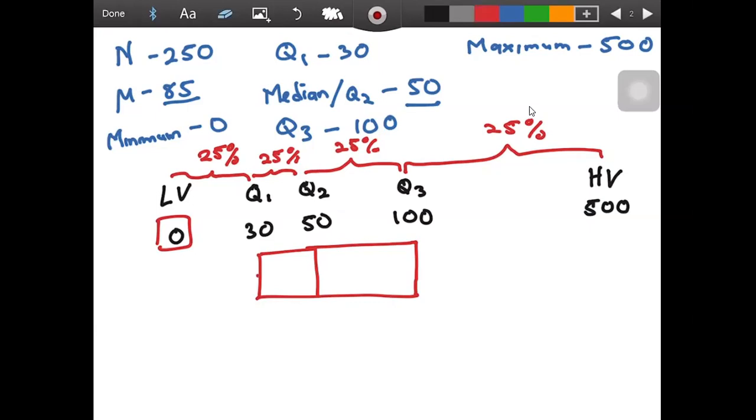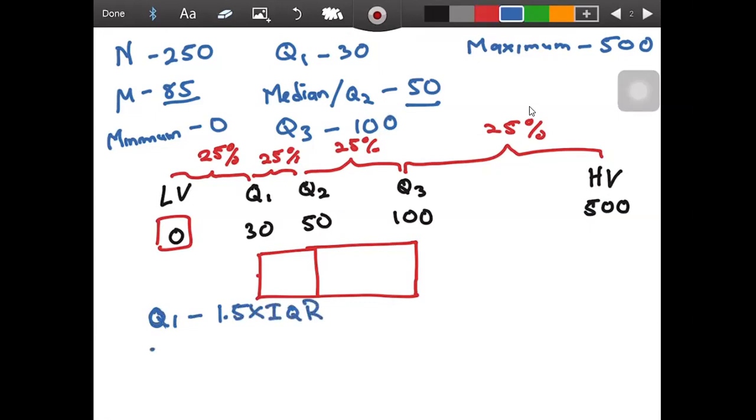The formula will be Q1 minus 1.5 times the interquartile range.